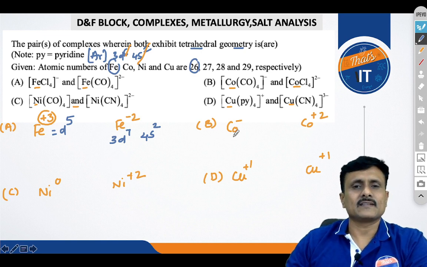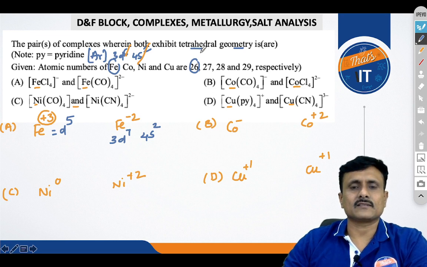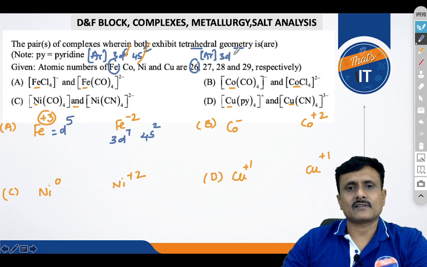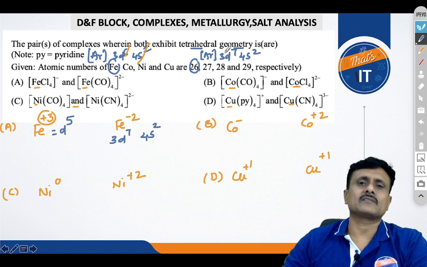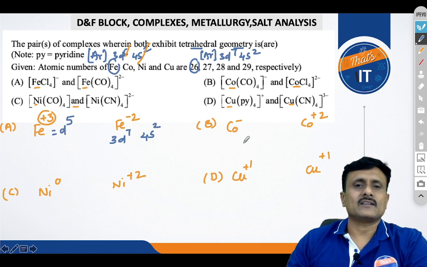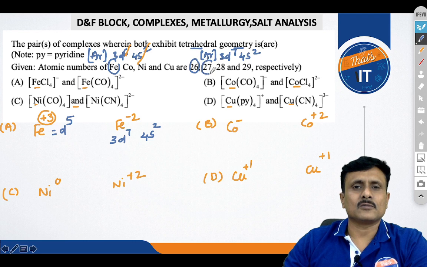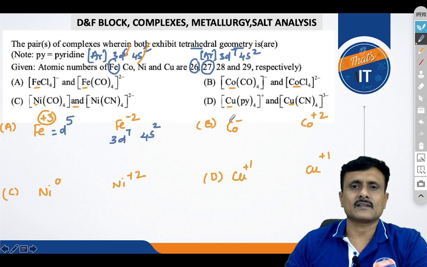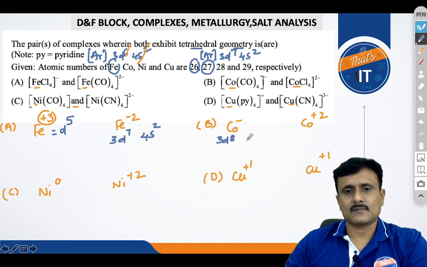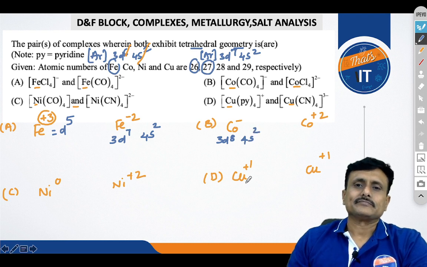Likewise, you write or fill the electronic configuration of all. You can see that this is 27, meaning argon, 3d7, 4s2, 18 + 2 and then 7. Now for the cobalt you have 28 electrons, hence you are going to write 18 + 2, and then add 1 more electron, so this will become 3d8 and 4s2.